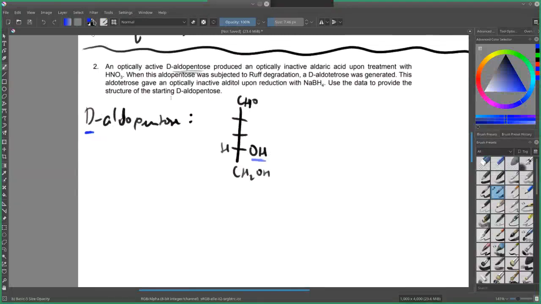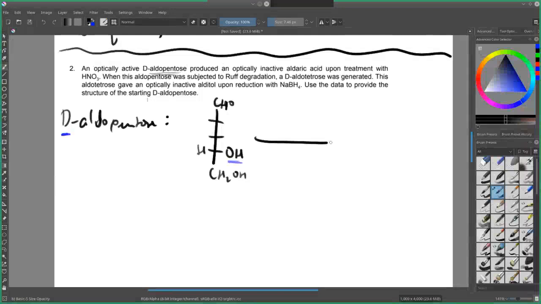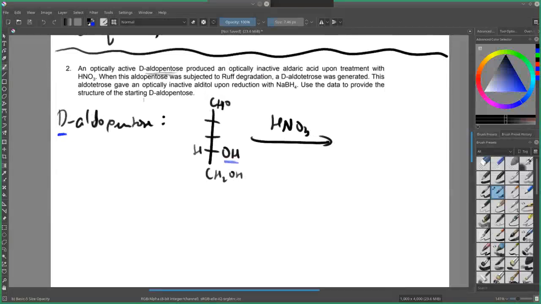All right, cool. So let's see. Upon treatment with HNO3, it gives an optically inactive aldaric acid. Okay, whatever that means. Let's treat this with HNO3, and they told us it's optically inactive. We know that nitric acid will oxidize both the aldehyde up here and the alcohol at the bottom, but nothing else.